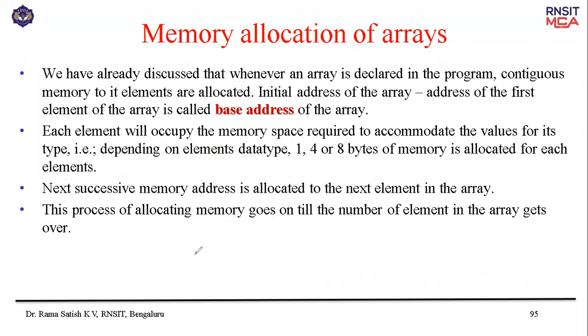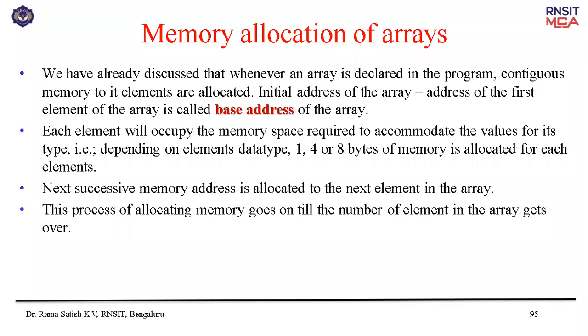Remember one thing, the first cell address is called the base address. The total size of the array depends upon the data type that you are using. If you are using a character type, it is 1 multiplied by the number of elements. If it is integer, 4, and if it is float, 8, multiplied by the number of elements.